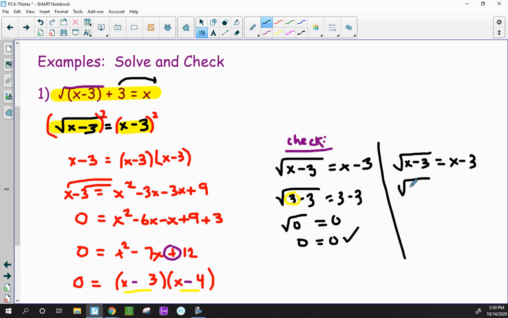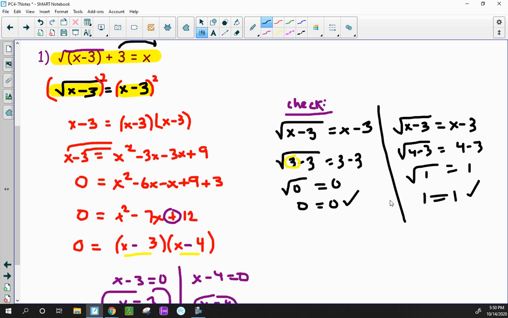So it's going to read the square root of 4 minus 3 needs to equal 4 minus 3. Then you'll evaluate the left side. 4 minus 3 is 1. The right side, 4 minus 3 is 1. This one has a square root, but the square root of 1 is 1. And since 1 is equal to itself, that also works.